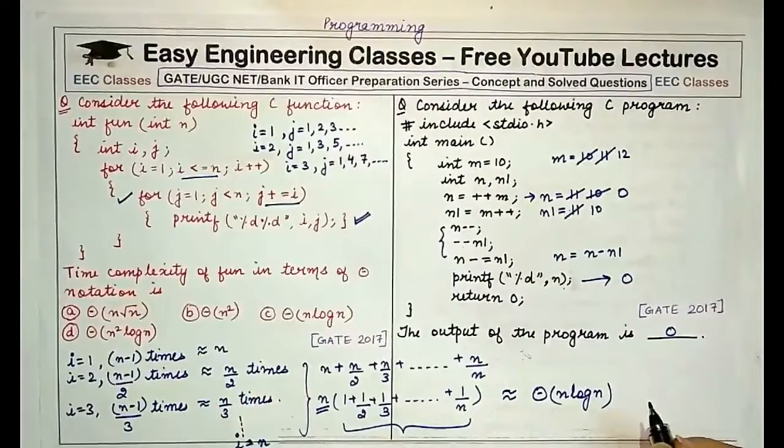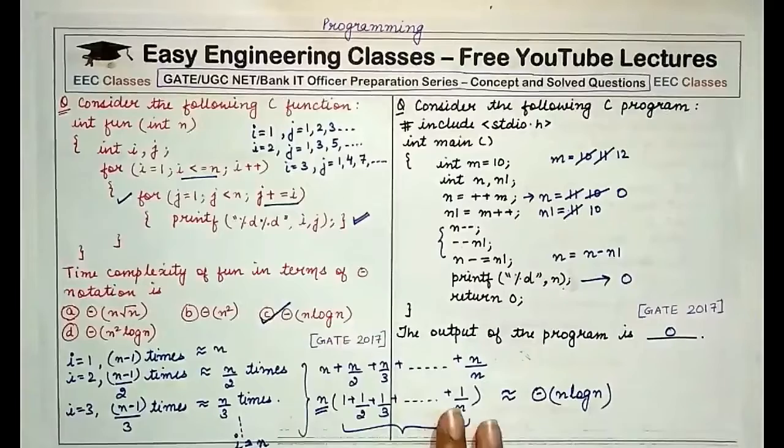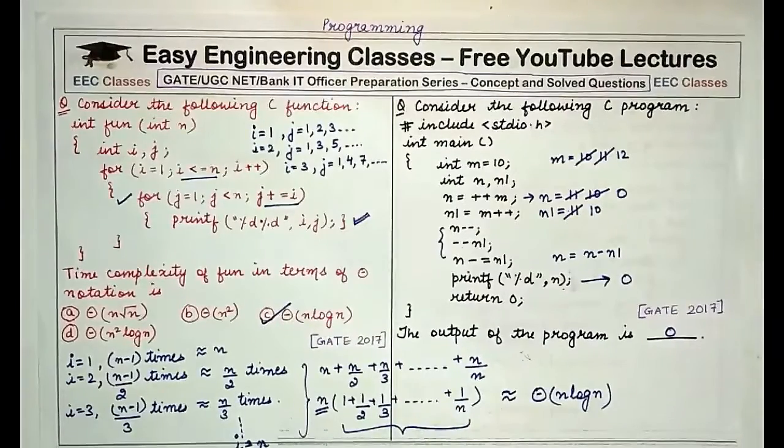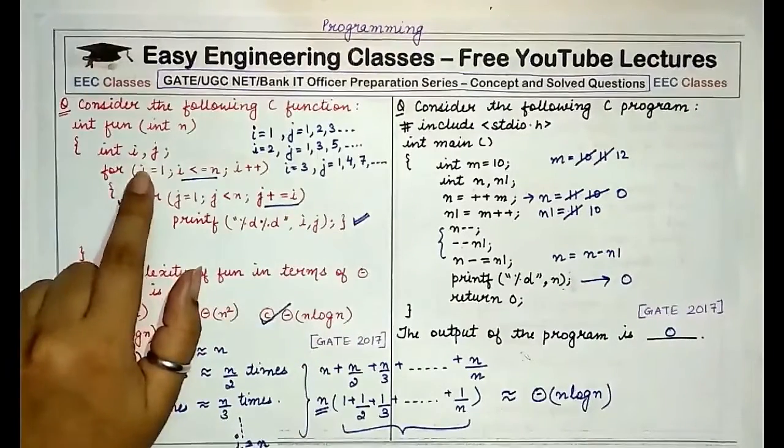So this was an easy explanation for this question, of how you would find out the time complexity in terms of theta notation, in which you are given two for loops, where the control variable of the inner loop is incremented by an amount depending on the outer for loop.